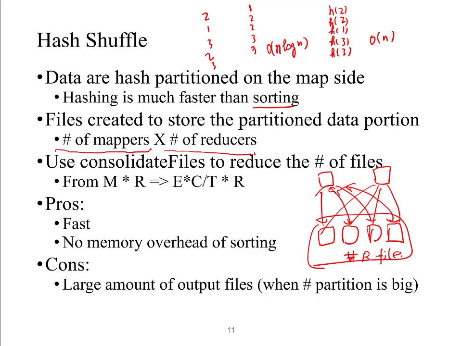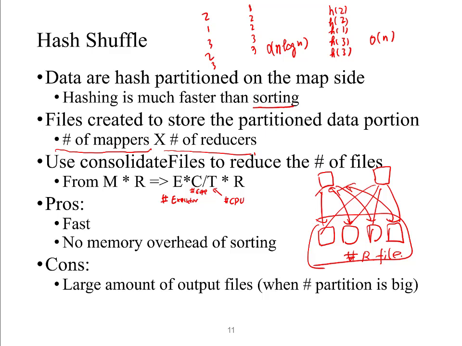Now assume that E is the number of executors, C is the number of cores, and T is the number of CPUs per task. So basically, for each executor, it can only execute C over T tasks in parallel.